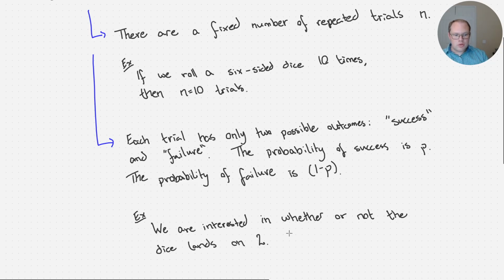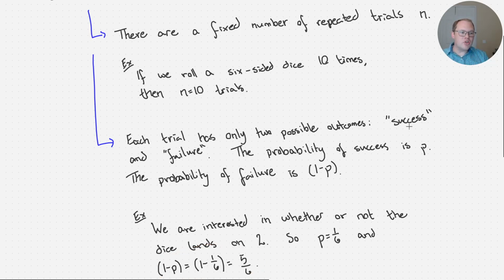Then the probability that the dice lands on 2, the probability of success, is 1 out of 6, because there's one way that the dice can land on 2 out of 6 possible sides. And the probability of failure, the probability that the dice lands on anything other than 2, would be 1 minus 1/6, or 5/6. So that's the probability of success and the probability of failure.